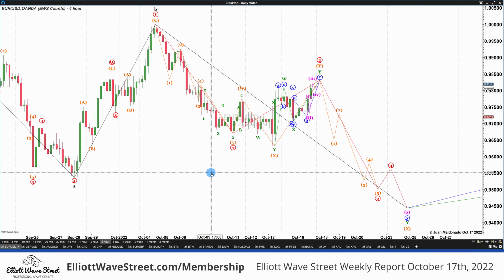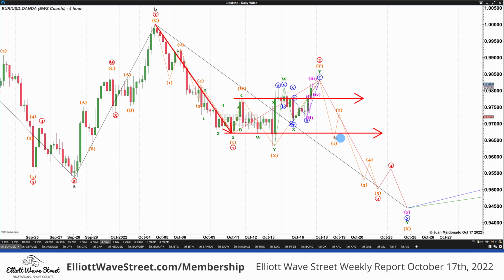This is the euro, and we are here on the 4-hour chart. The plan on the euro is to have this week another leg down. Price did this first impulse, and from there we're seeing a lot of complex price action.